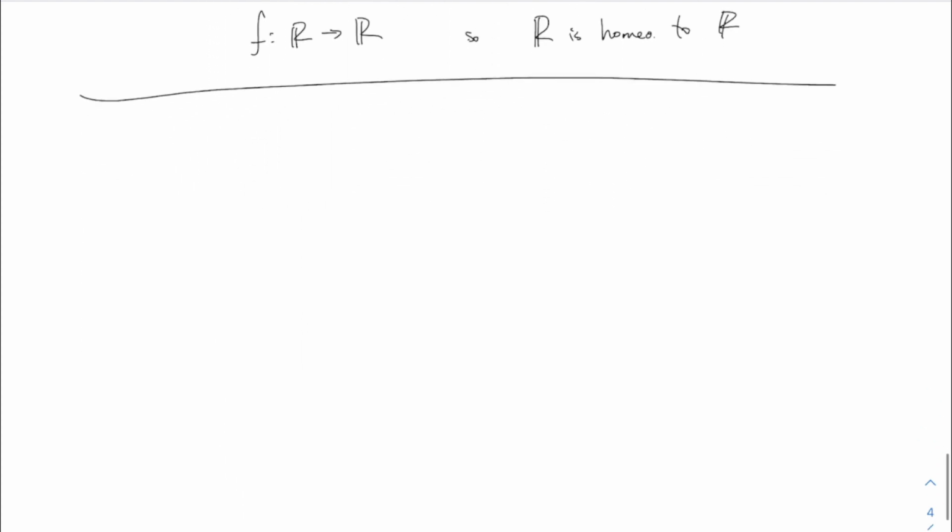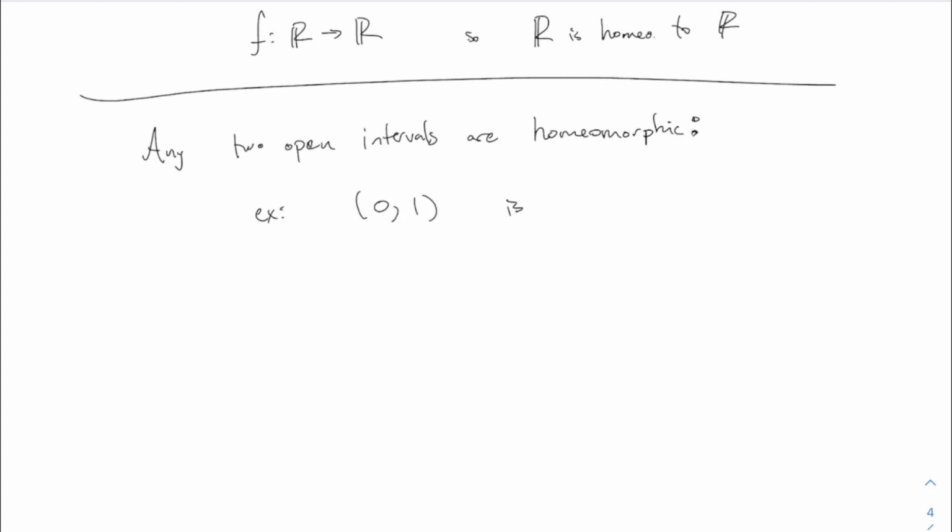All right. What about, here's a slightly more interesting example. Actually, it turns out any two open intervals are homeomorphic. This is something that you probably feel like ought to be true, but for example, the interval 0 to 1 is homeomorphic to the interval 0 to 4.